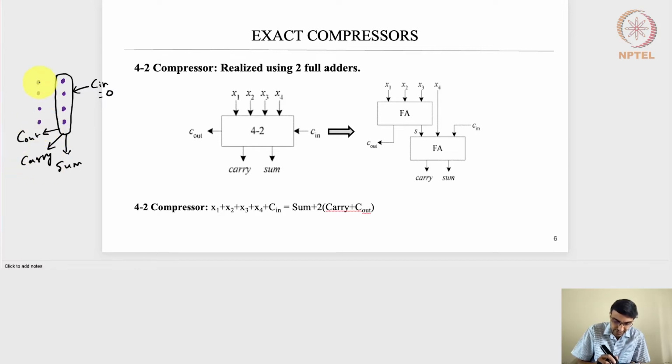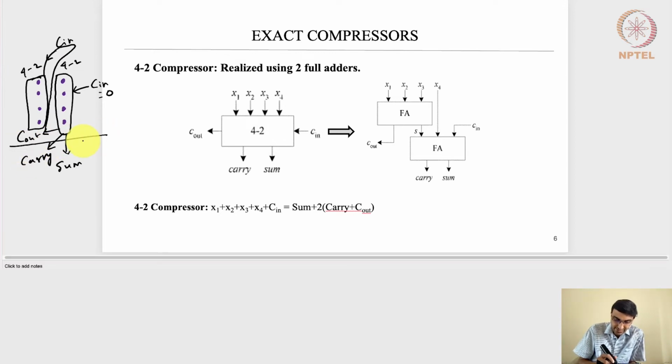The carry out here is going to be fed in as a carry input to this particular 4:2 compressor. So whatever carry output is generated will be the carry input to the next, subsequent 4:2 compressor.